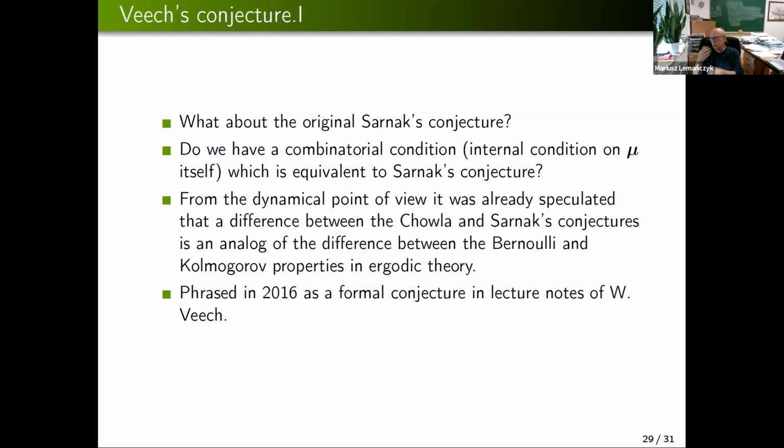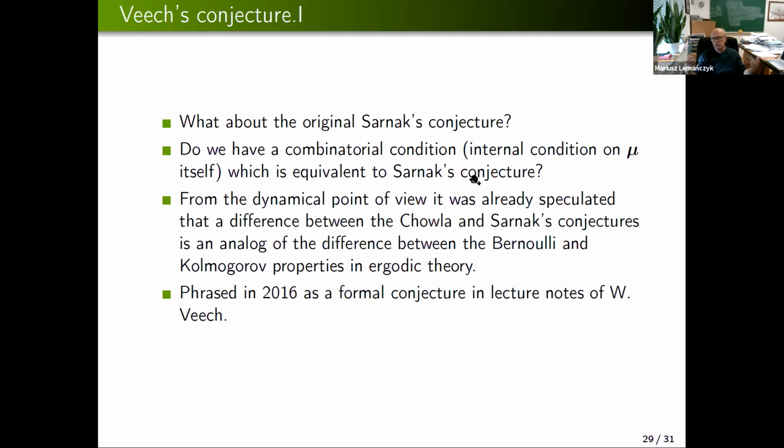In other words, Chowla's conjecture says that something is Bernoulli, that there is a system which is Bernoulli. But on the other hand, we can express this in the simple fact that autocorrelations of the Mobius function vanish.